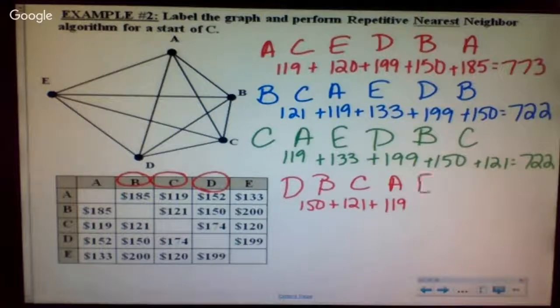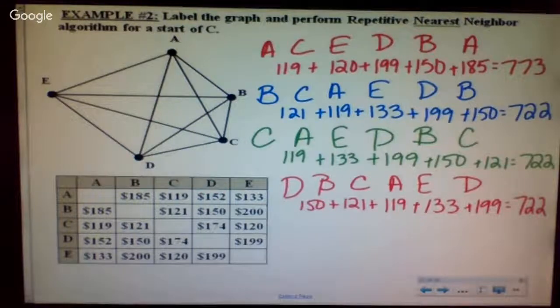Must go to E then, and A to E is 133. And must go back home. E to D is 199. 722 again. I'm getting lots of 722. One more. We're going to skip the next example. I think you've gotten the point.